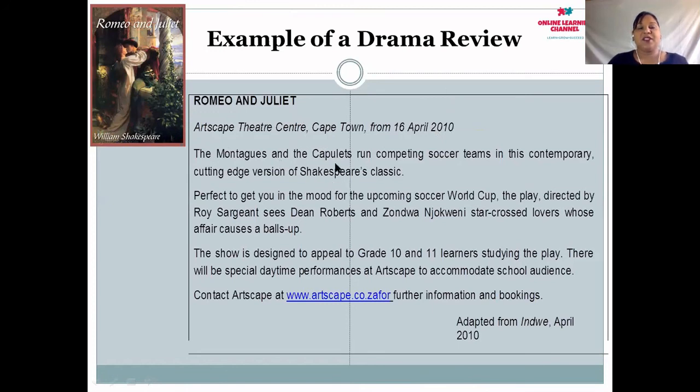The Montagues and the Capulets run competing soccer teams in this contemporary, cutting-edge version of Shakespeare's classic, perfect to get you in the mood for the upcoming Soccer World Cup. The play, directed by Roy Sargent, stars Dean Roberts and Zwanwa Jokweni, star-crossed lovers whose affair causes a balls-up.